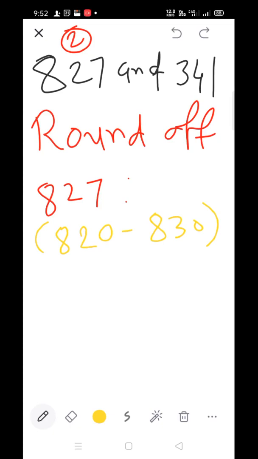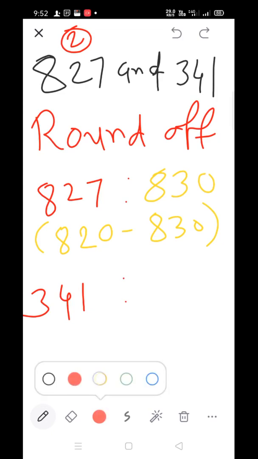Now 827 is nearest to which number, 820 or 830? It's nearest to 830, very good. Now round off 341.